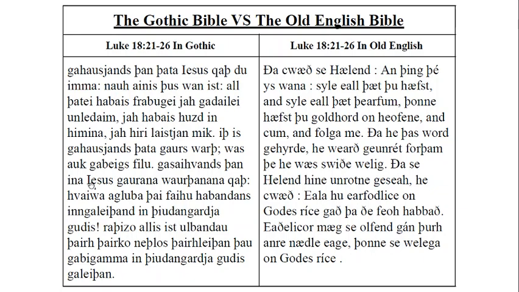So we have a nominative pronoun here, he hvaiwa, whereas the Gothic just has hvaiwa. So we can see in these two passages the tendency for Gothic to drop pronouns as well.